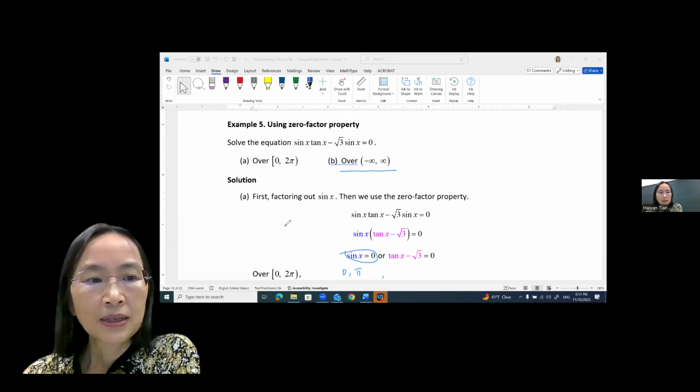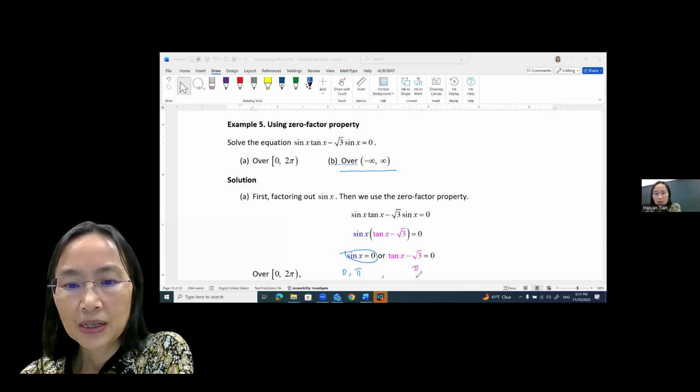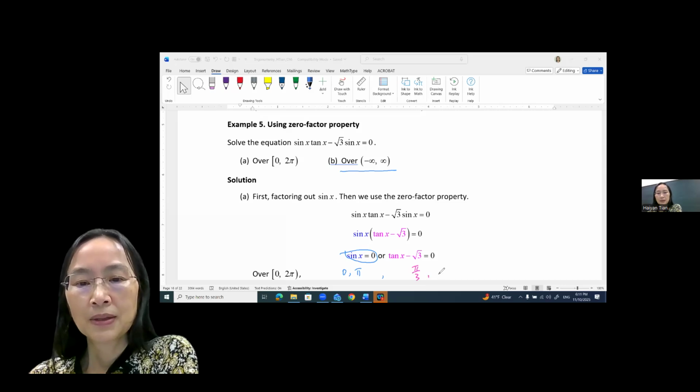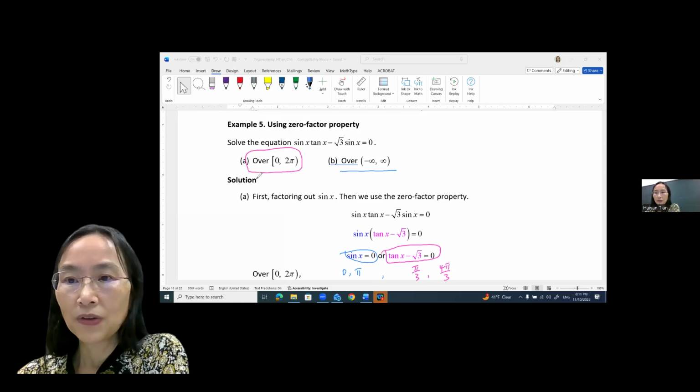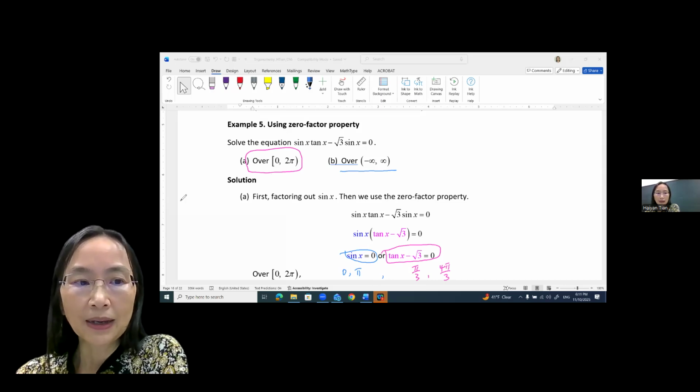And then we have pi over 3 and 4 pi over 3 for this one to be 0. So we found 4 solutions on the interval from 0 to 2 pi. Those are the answers for part A.